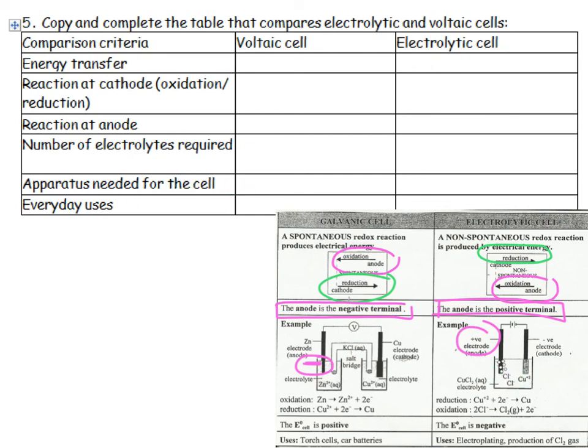The apparatus needed for the cell, there's a setup, and everyday uses: used in batteries. Over here it's used for purifying metals, to plate systems, to break up sodium chloride, or to make chlorine rather. And to create aluminium. I suppose those are some examples.